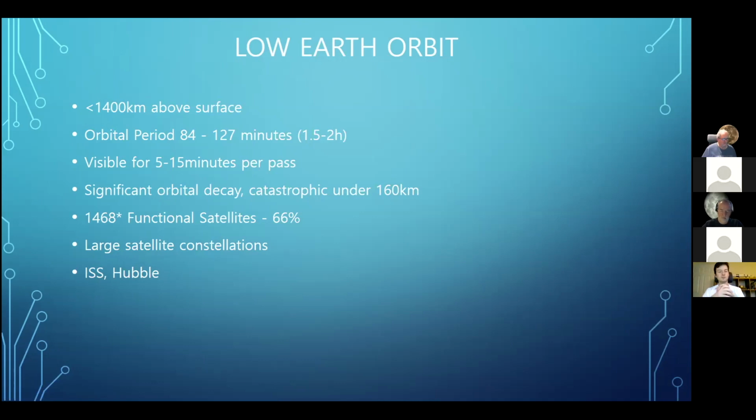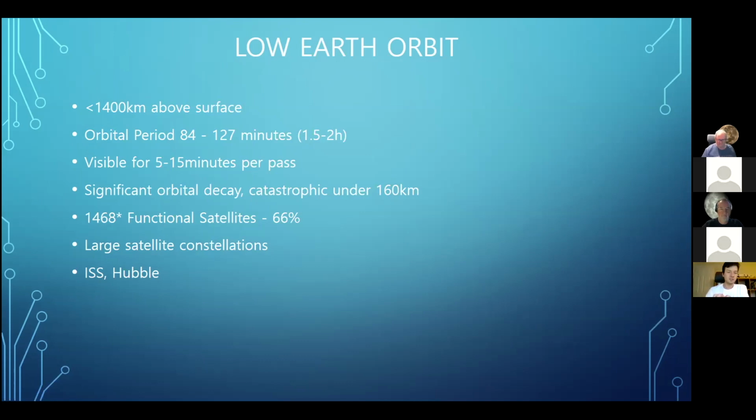But in terms of functional satellites, as in the largest satellites, I thought I'd keep this number so we can easily compare how busy each different orbit is. So for Low Earth Orbit, that makes up most of the satellites, 66%. So two thirds of the satellites that we launch as humans, we put into Low Earth Orbit. The reason for that is mainly because it's the easiest one to get to. The higher you go, the more energy you need, therefore the more fuel you need, and therefore the more expensive it is. So it just becomes economics.